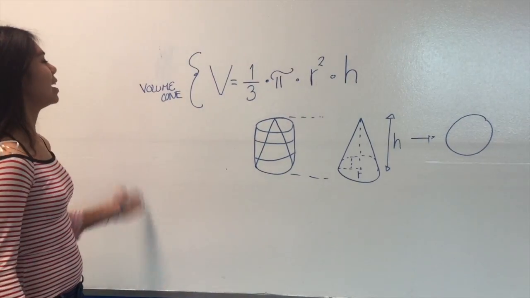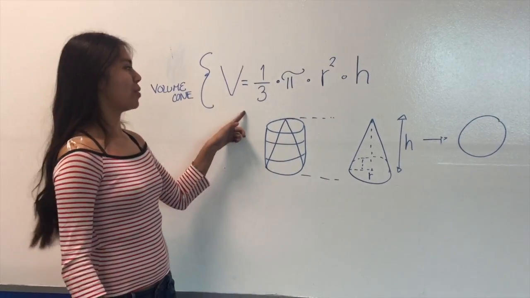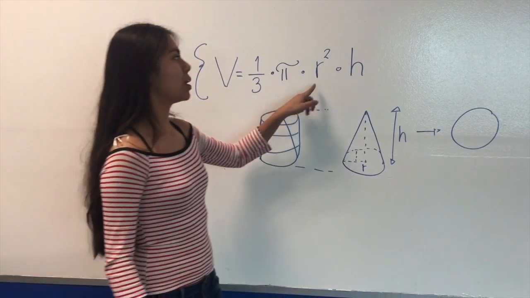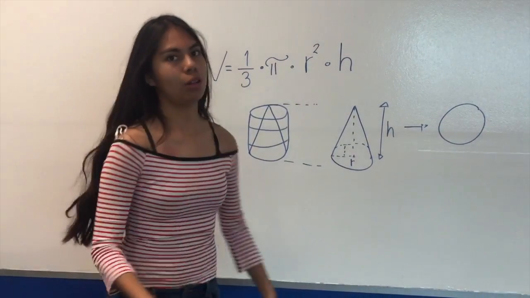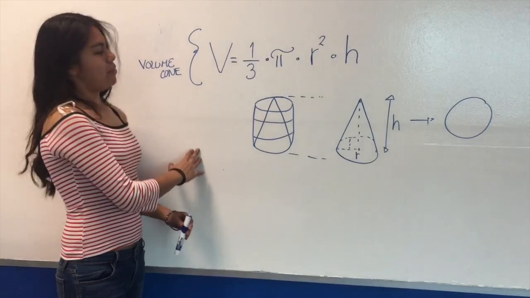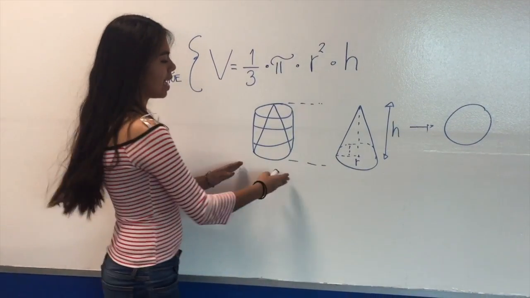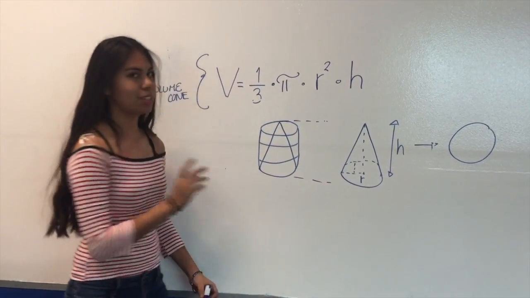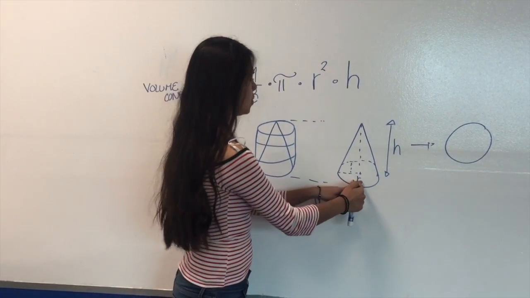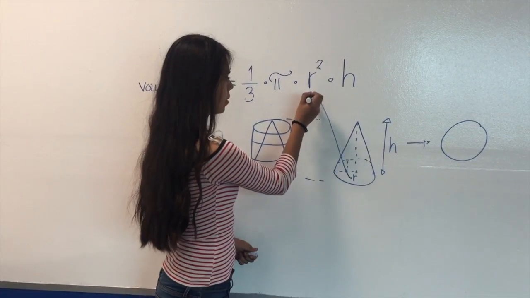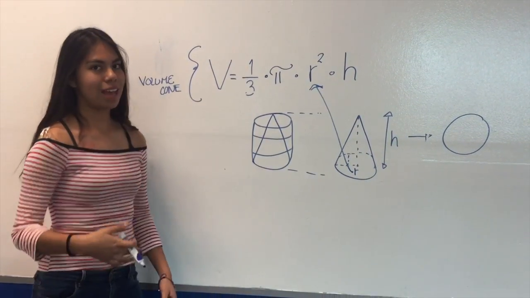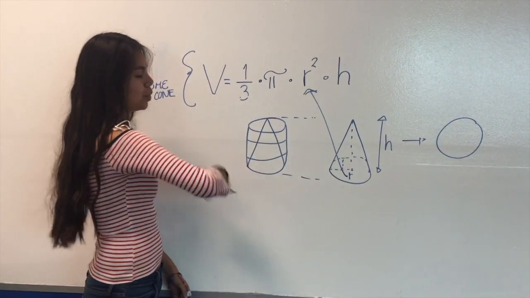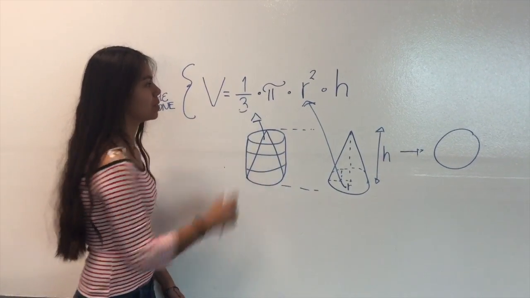First of all, we know that the volume of the cone is 1/3 times pi times radius squared times h. Why? We have a cylinder. Inside it there is a cone, but the cone is not the whole cylinder. So we have the radius, and it has 1/3 because, as I mentioned, it's not the whole, so it's 1/3.